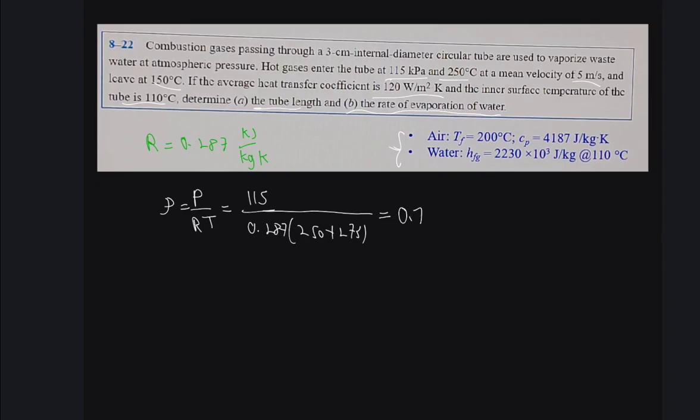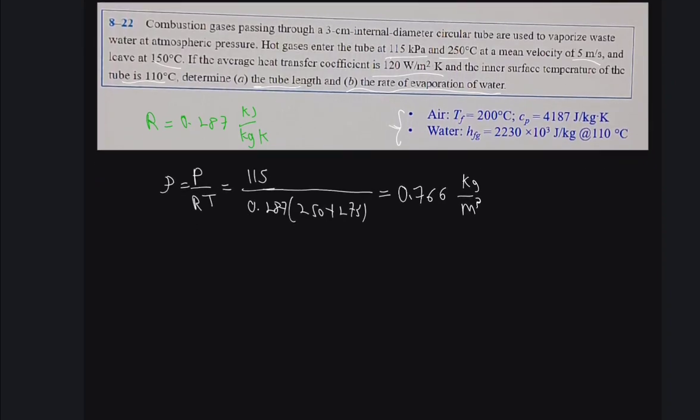That's 0.766 kilograms per meter cubed. But now we have the density of the gases that enter the tube. Then I'm going to grab the mass flow rate now that we have the density.